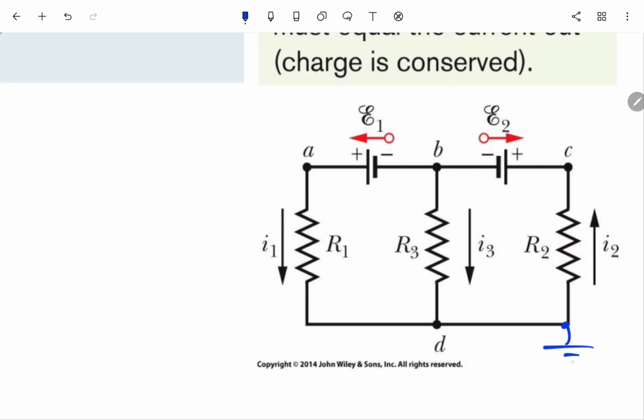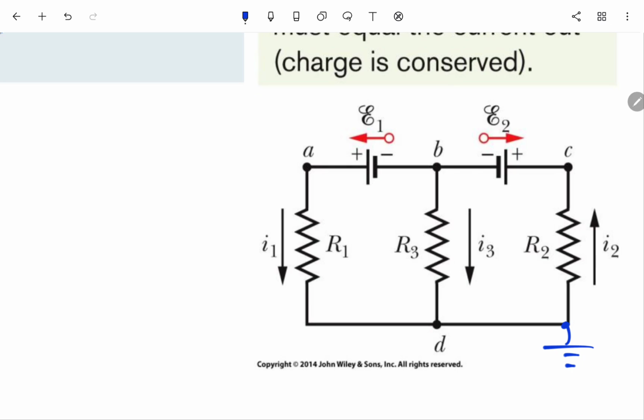If you are not familiar with the circuit, you may say this is I1, this is I2, this is I3, and then write a lot of V equals IR, and also apply quite a lot of KVL, maybe for this loop, for that loop, and for the big loop. Then maybe you have tens of equations with 10 unknowns and you are not able to solve it. Especially, sometimes you may make mistakes when you write a lot of equations.